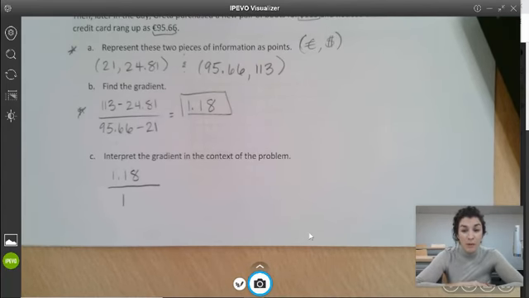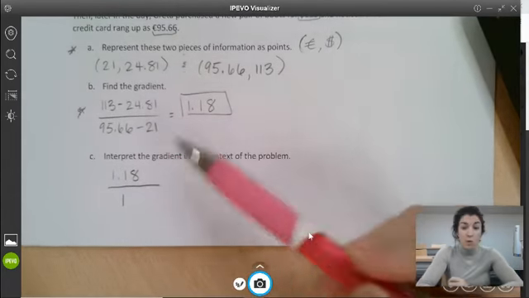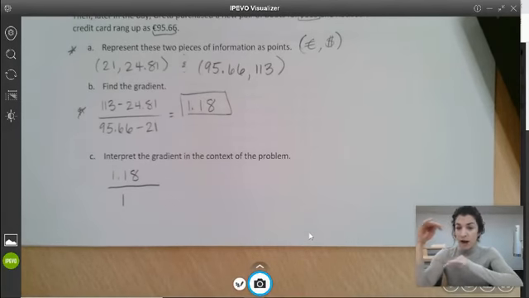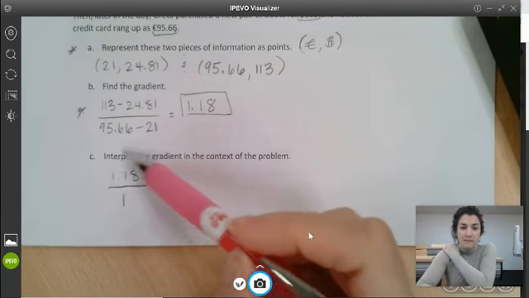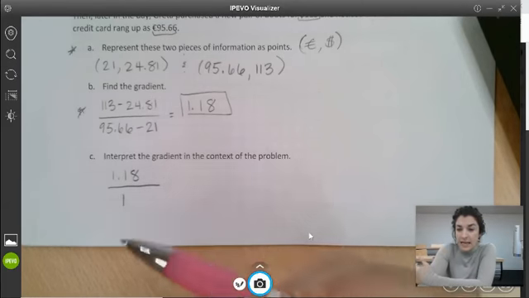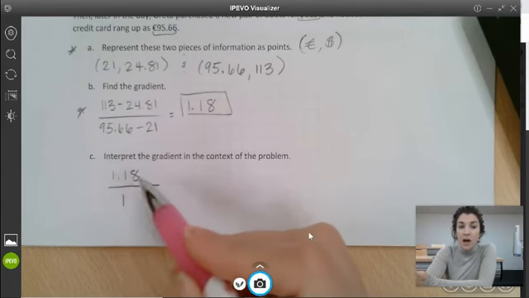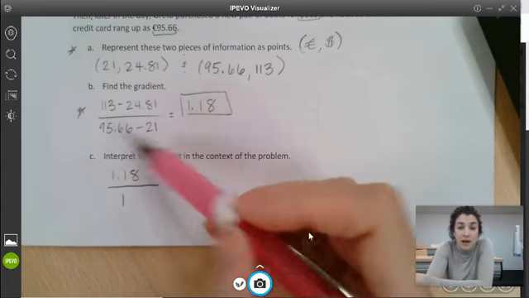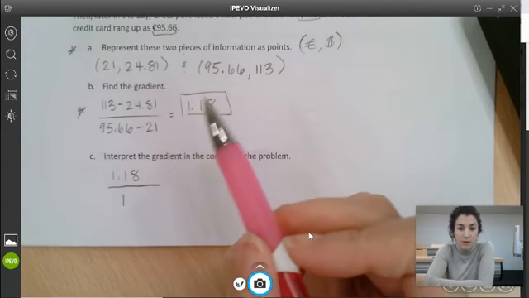If you remember all the way back to middle school math, your unit rate is when you bring down a fraction or a relationship. A rate is a fraction of something on the top compared to something on the bottom, brought down to 1. So it's this many things per one of these things. Anytime they ask you to interpret the gradient, they want you to understand that it's 1.18 of whatever this unit of measurement is compared to 1 of the other unit of measurement.